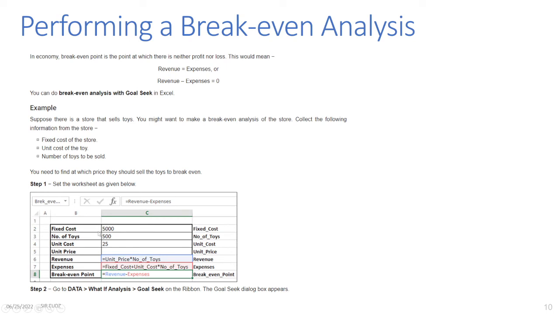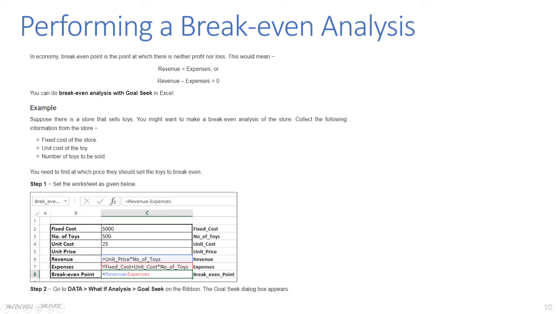So fixed cost, 5,000. So that's the fixed cost of the store. Number of toys, for example, is 500, and unit cost is 25. So unit cost of the toy. Then unit price. So we need to find the price. So that's what we're going to look for.